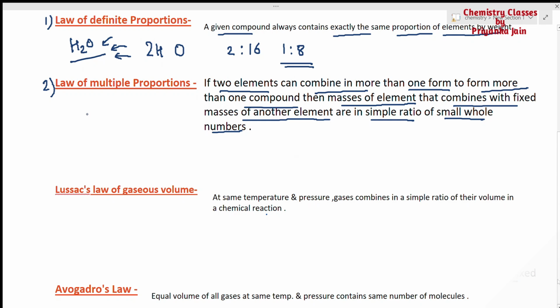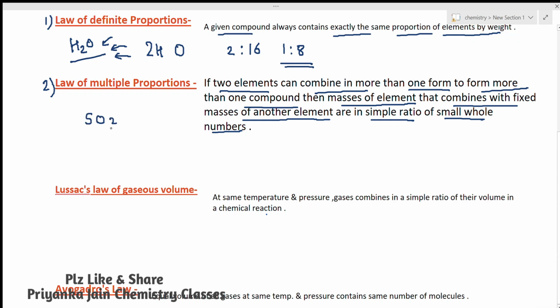Understand it. Suppose we take SO2 and SO3, two different compounds, but both have the same elements, sulfur and oxygen. Here is one atom of sulfur in each, and two oxygen atoms combine here and three there. Now see the weight.